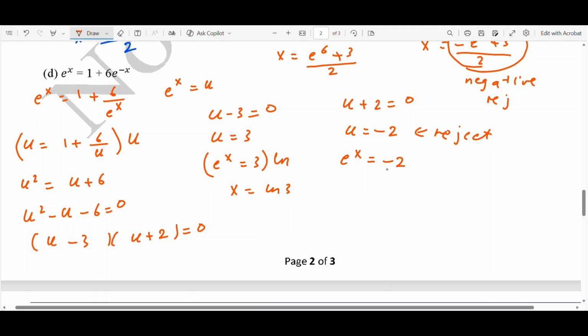Some students continue working with ln: x equals ln of negative 2, and this is a math error. So I have one solution, x equals ln 3.